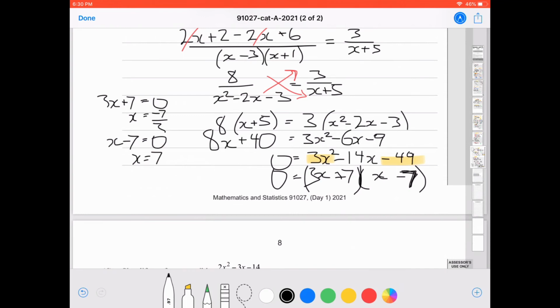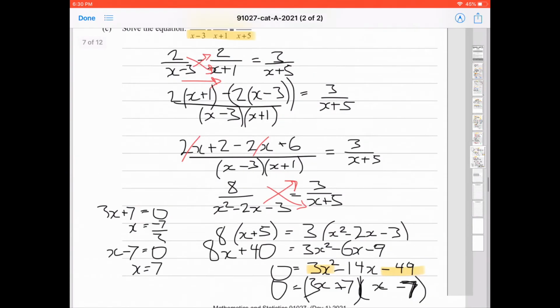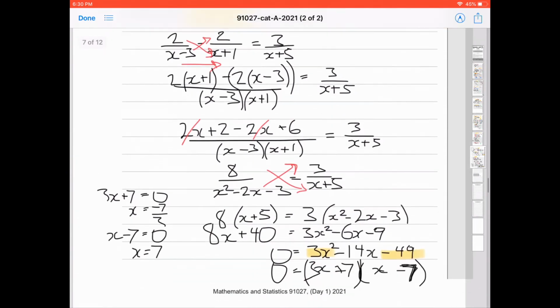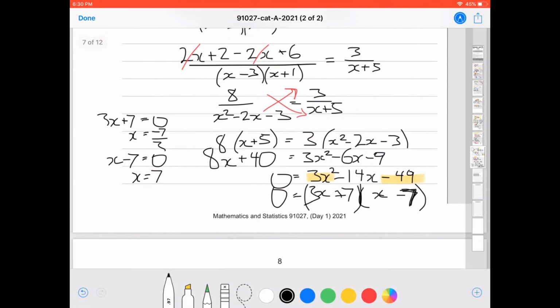Are there any constraints on whether x has to be positive or not? It's a straightforward question. There's no background or context. So these two values, x equals minus 7 over 3 and 7, get you the excellence grade here.